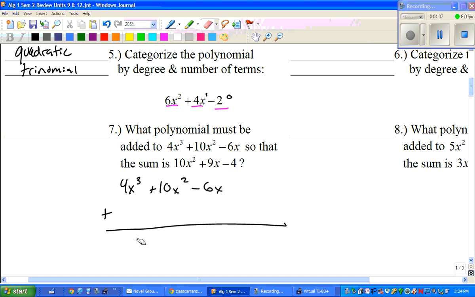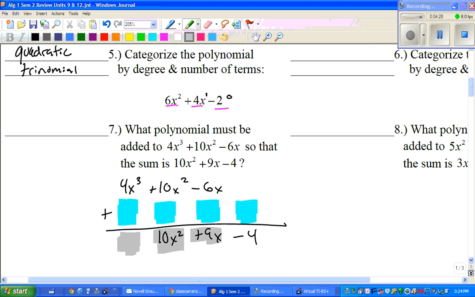Oops. I have to line everything up so it's in the right order. 10x squared plus 9x minus 4. So what we're trying to do is figure out the blanks so we get these answers. Okay?